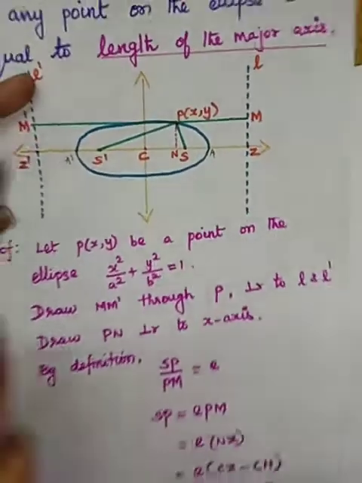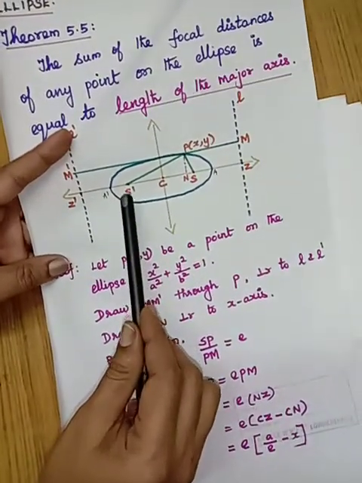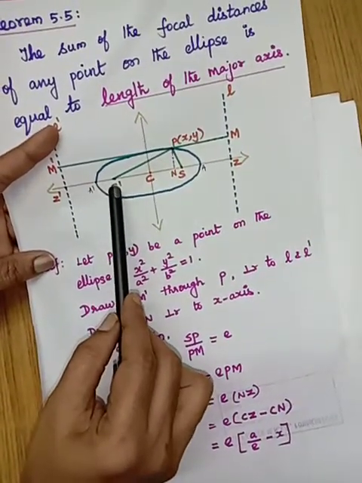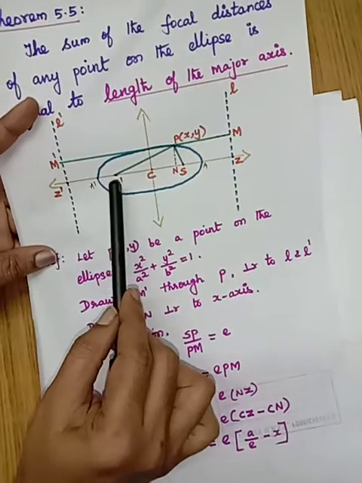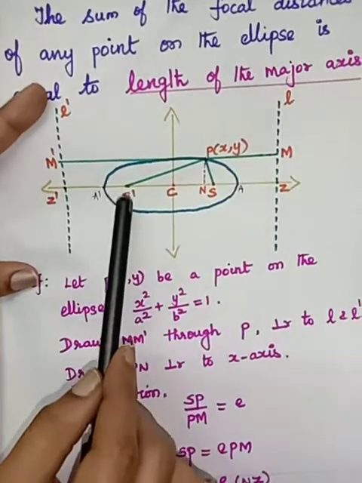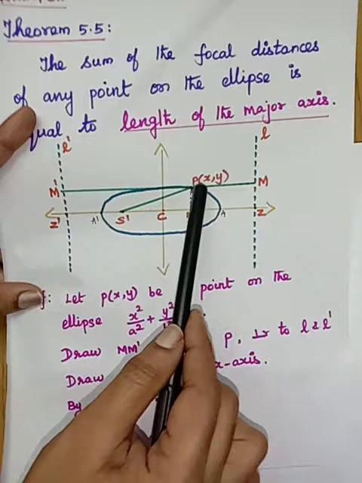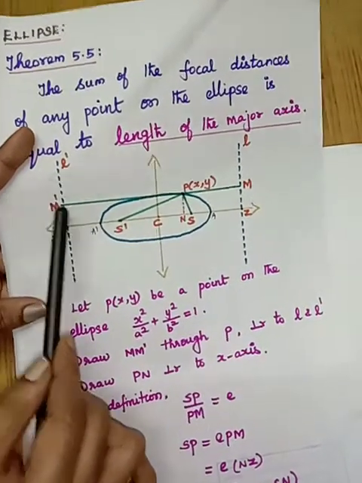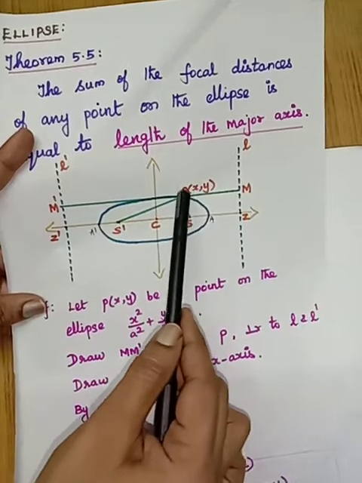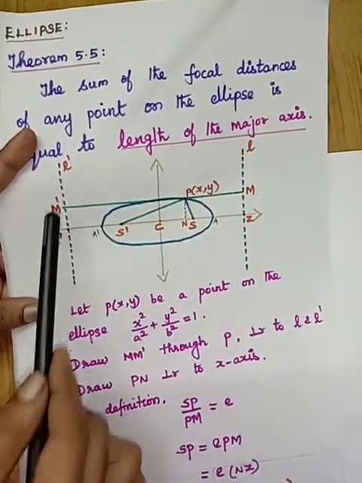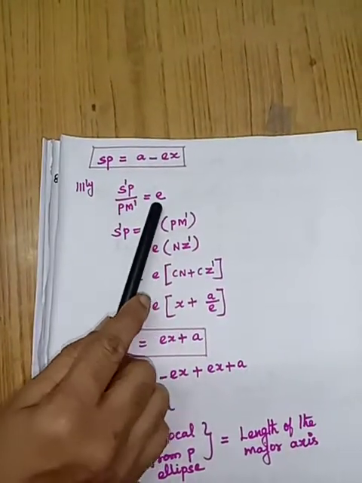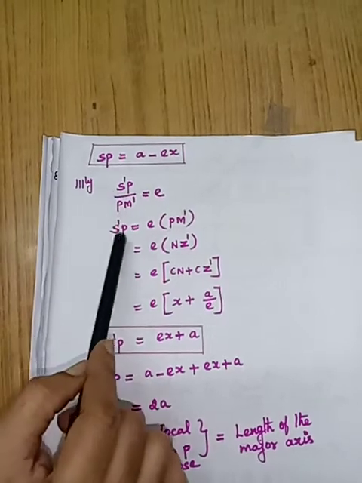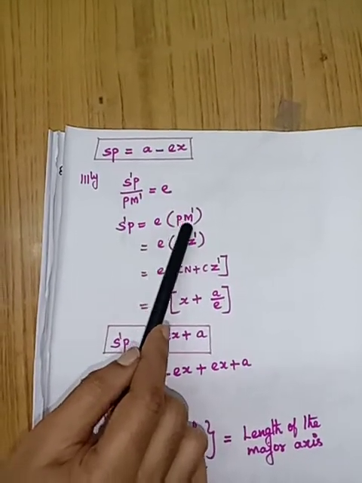Similarly, we have another focus according to the symmetry of the ellipse. So we use the definition of the conic: S'P by PM' is also equal to e. So S'P is equal to e into PM'.